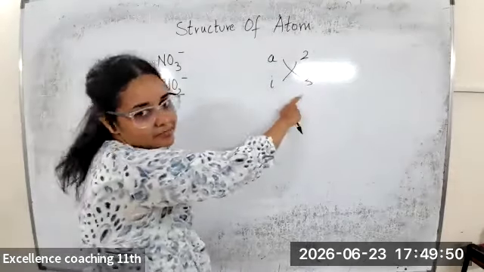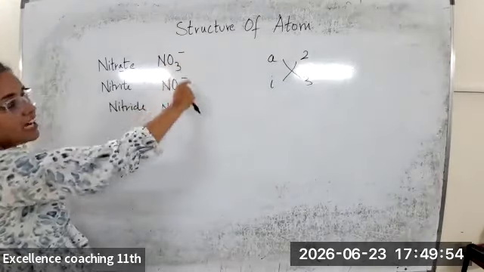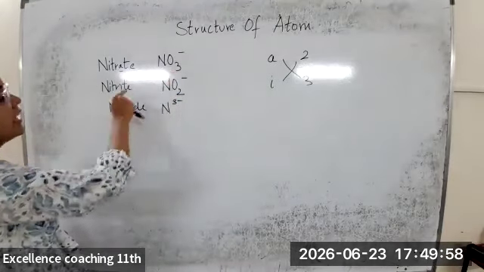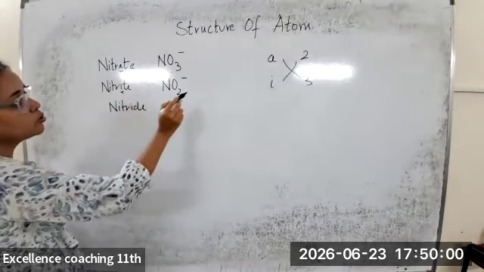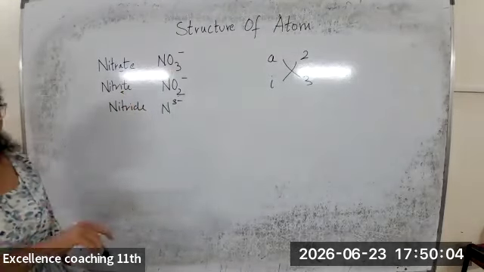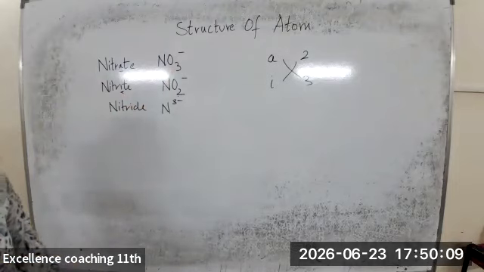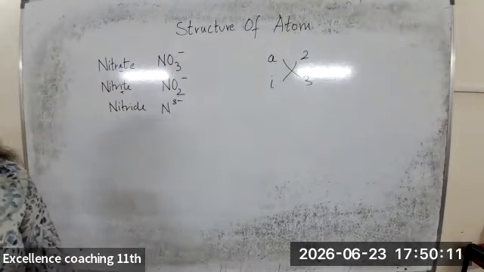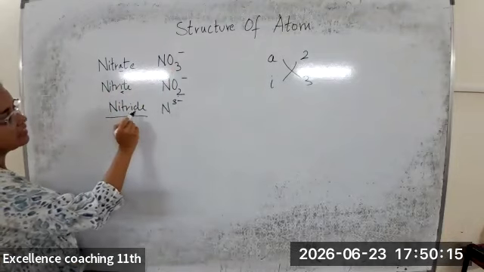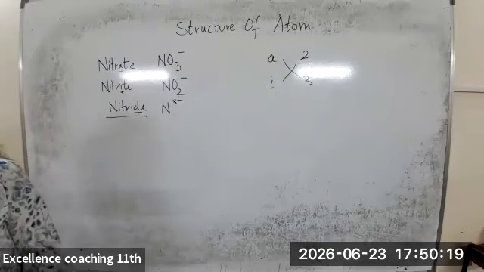A will go with 3, NO3, net charge the same, minus. But A will go with 3 and I will go with 2. Since A is first and 2 is also first, but A will pair with 3, it will be opposite. This is exceptional. Nitride is N3-.